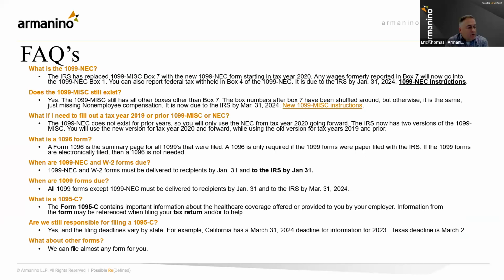Okay, another good one, or I keep saying good one, I guess they're all great. What are the requirements for 1099s for S and C corps? You are not required to issue a 1099 to a corporation. The only exception is if they are a law firm or in healthcare.